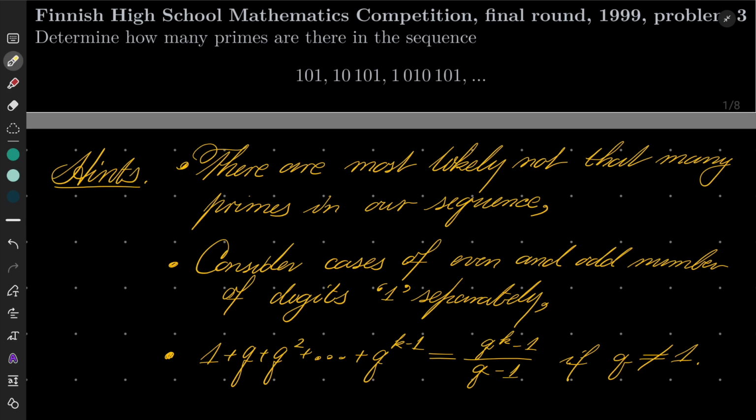And finally, this formula for the sum of geometric progression may be useful, namely 1 plus q squared and so on plus q to the power k minus 1 equals q to the power of k minus 1 over q minus 1. So give this problem a try and I will see you in a moment.